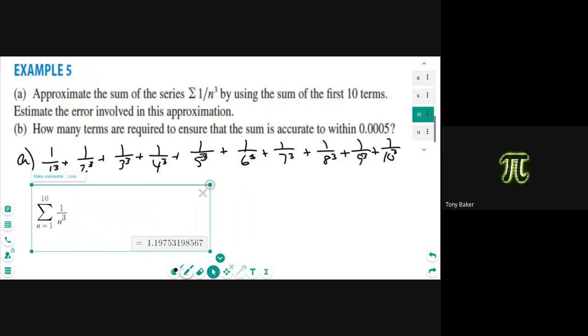So we've now got that answer, which is adding up the first 10 terms: 1 plus 1 over 8 plus 1 over 27 plus 1 over 64 plus 1 over 125, all the way up to 1 over 1,000. How accurate is that? That's where my integral test comes in.